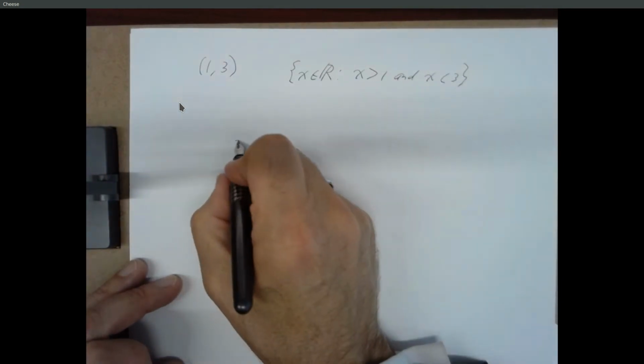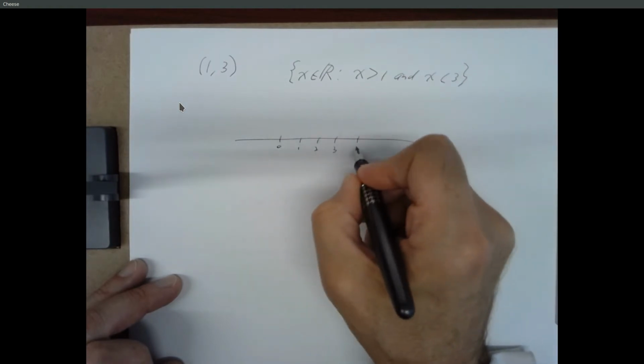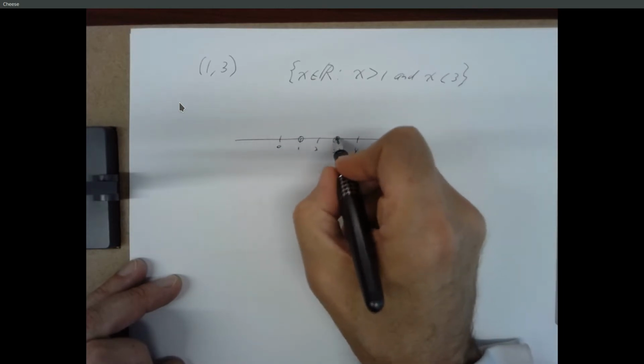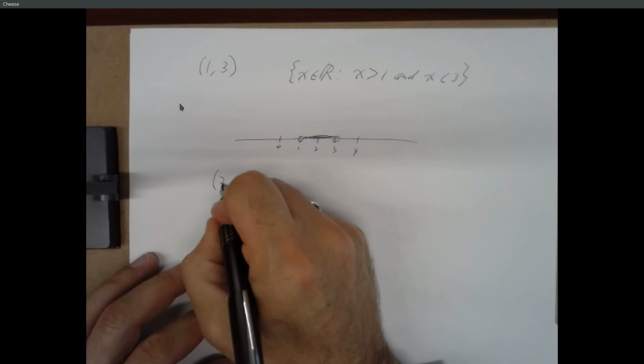And if you wanted to draw this on a number line, it's basically everything not including 1 and 3, but all that stuff in between. And the others work the same way. The half open interval 2 comma 4.